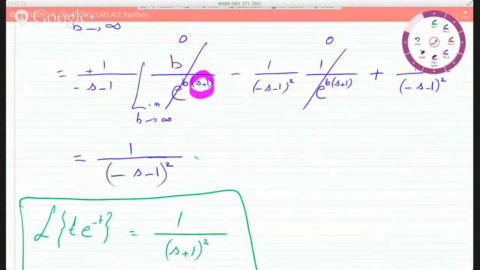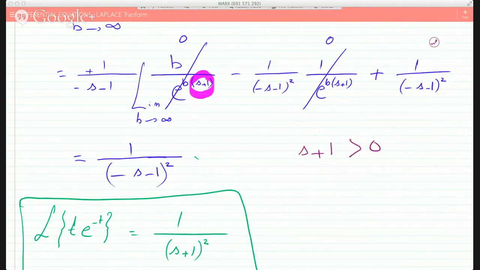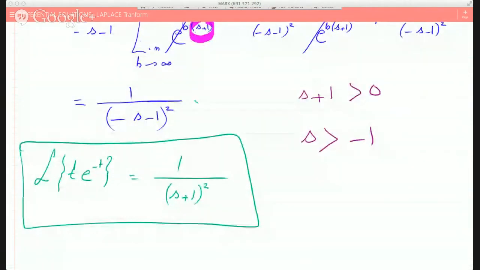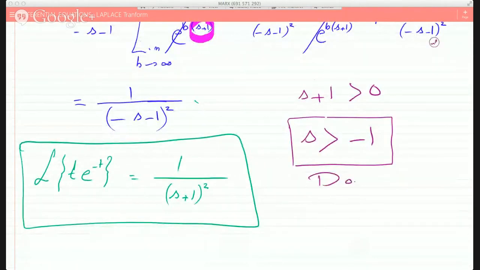If s plus 1 here is negative, then this term will become infinity. So for these two limits to go to 0, s plus 1 has to be greater than 0, which makes s greater than minus 1. This answers the second part of the question, that the domain of the Laplace is such that s is greater than minus 1.